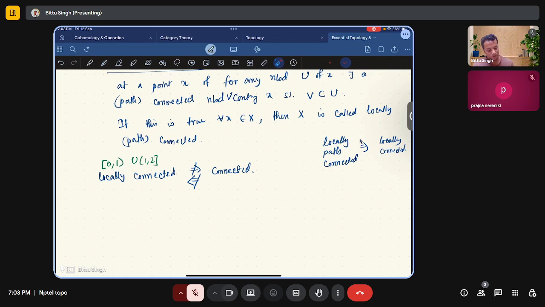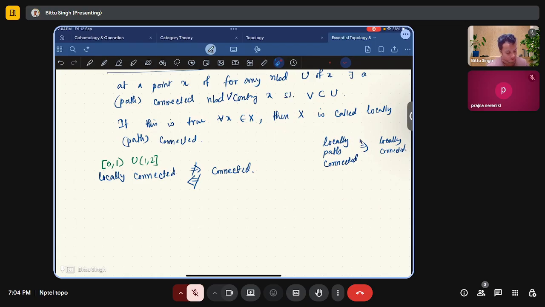Whatever neighborhood you choose around a point, you can always approximate it by a connected neighborhood. So this is the counterexample which is not connected but locally connected.